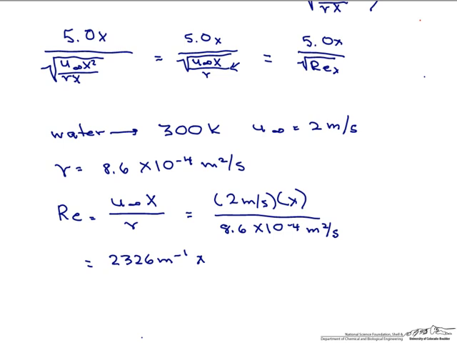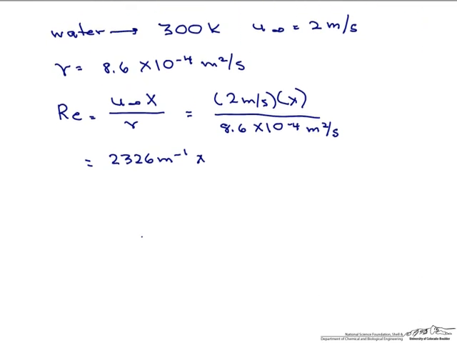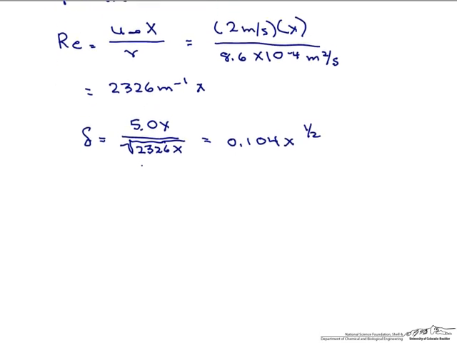So then when we put that into our equation that we found up here for del, we end up with del, which equals 5.0 times x divided by the square root of the Reynolds number, or 2,326 square root of x, and this equals 0.104 x to the 1/2.